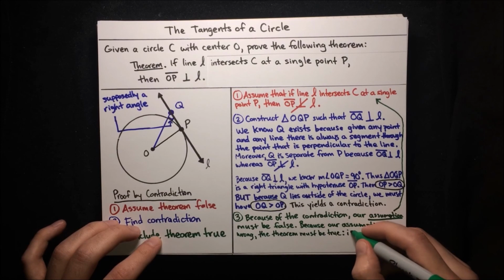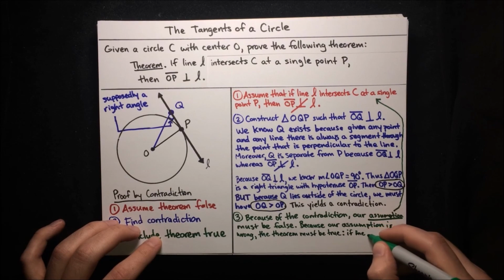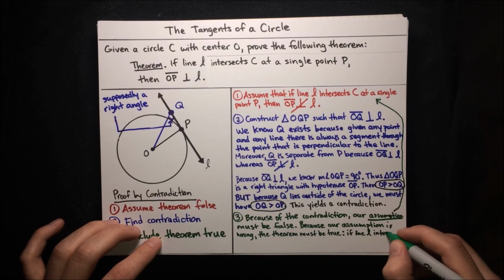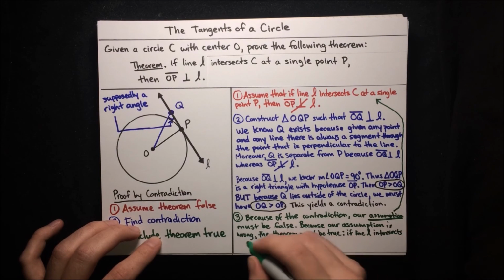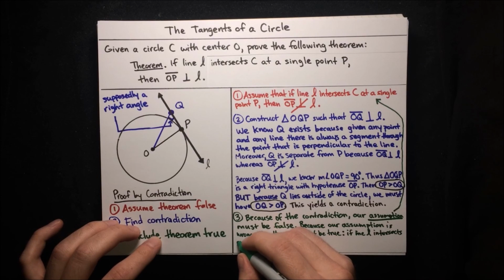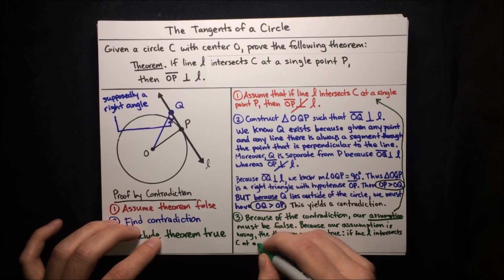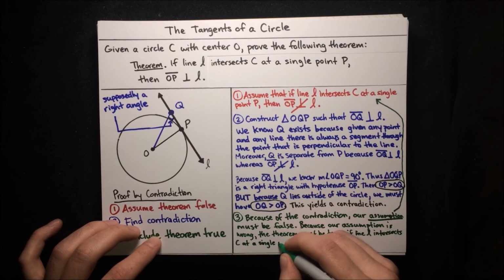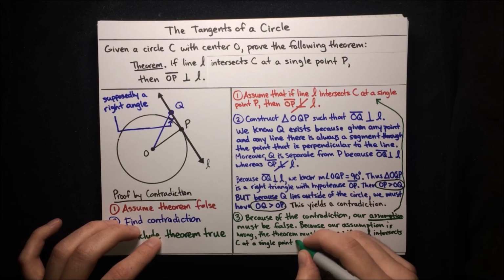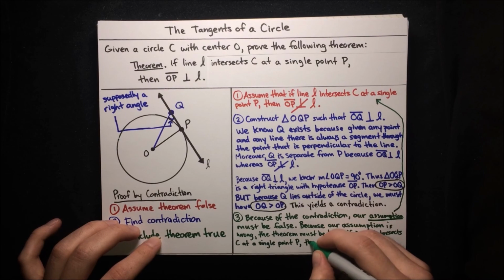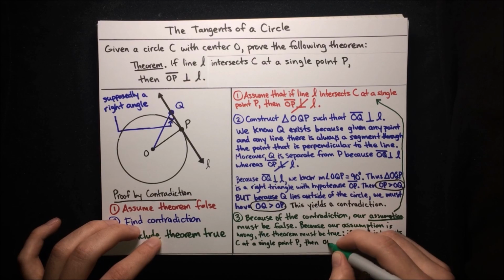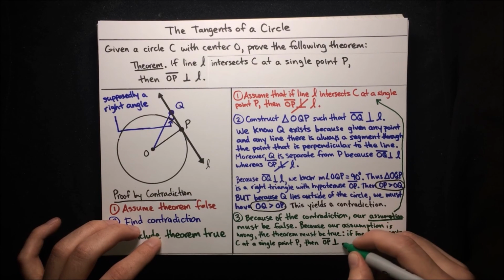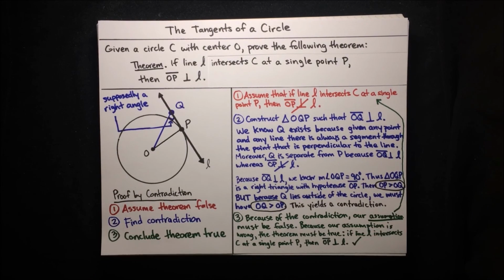And that is, if line L intersects C at a single point P, then segment OP is perpendicular to line L. So there we go.